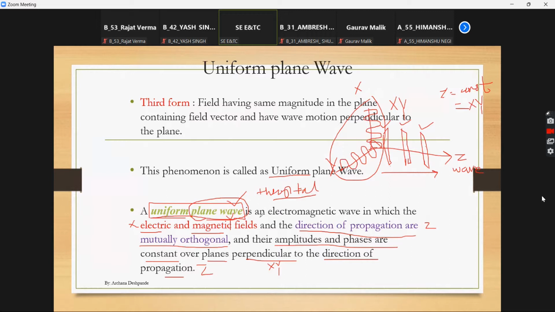In the plane wave, this is not constant. A plane wave is a practical wave, because we cannot see it, so how will we understand it? It is not going to be uniform, that is very much sure, because there are lots of losses which take place. So its amplitude and phases change, there are so many obstacles. There are droplets, there are water vapors in the free space when the EM wave travels.